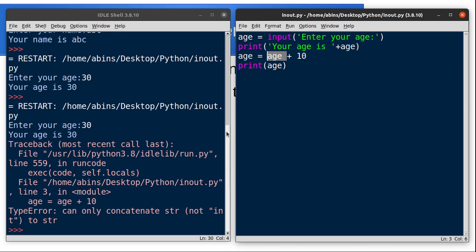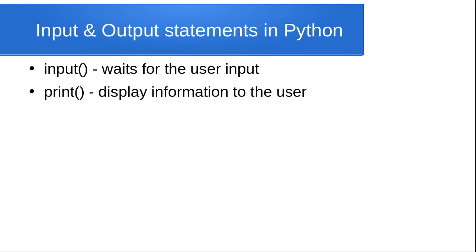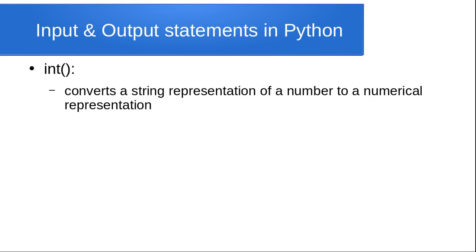So what do we have to do to rectify this problem? We have a special function called int. Let me show that one. What is the use of this function?